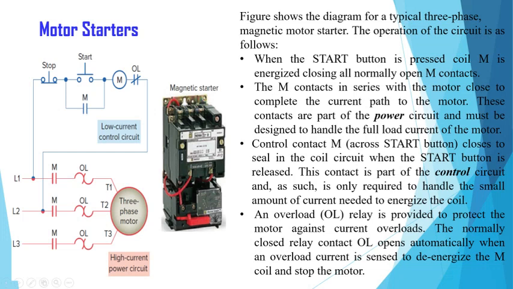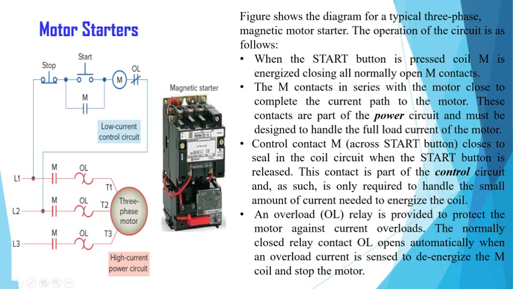The control contact M, which is used across the start button, closes the sealing circuit for the coil when the start button is released. This contact is part of the control circuit and is only required to handle the small amount of current needed to energize the coil.